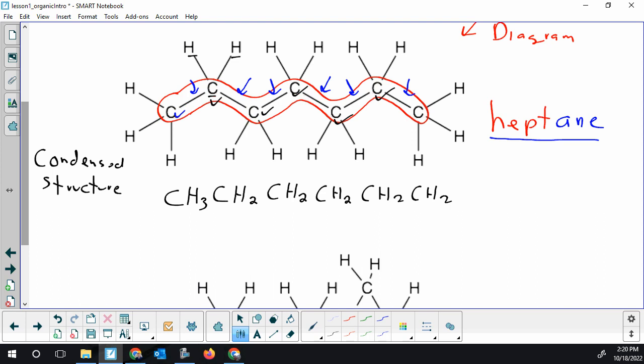And then we get to our 7th and last carbon, and there's 3 H's at the end. So that would be the condensed structure of heptane. No branches, all single bonds. And when we have no branches and all single bonds, we see 3 hydrogens at the end and 2 hydrogens all the way through the middle.